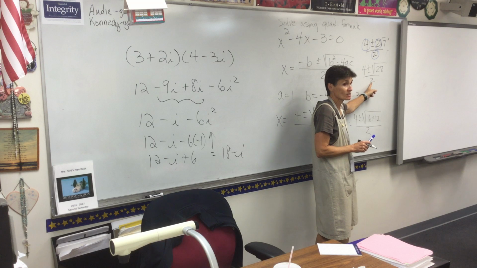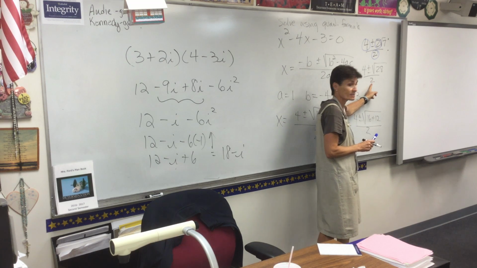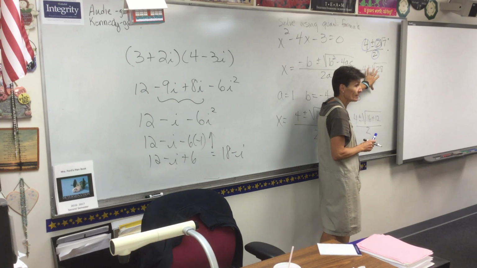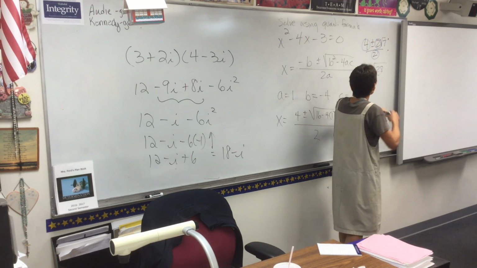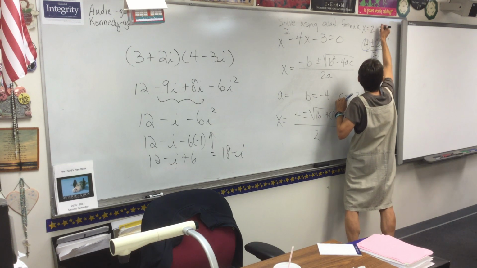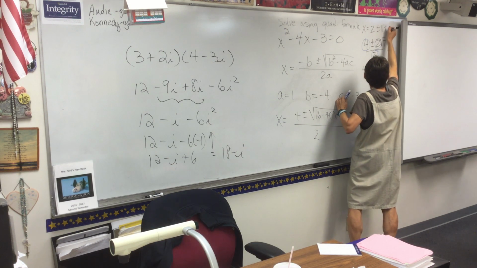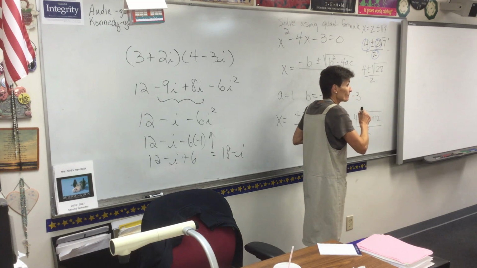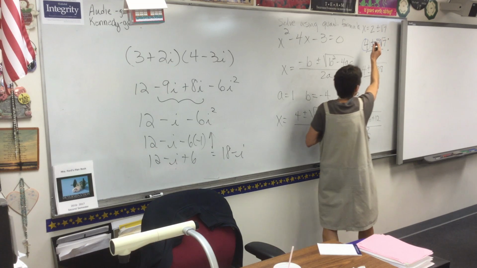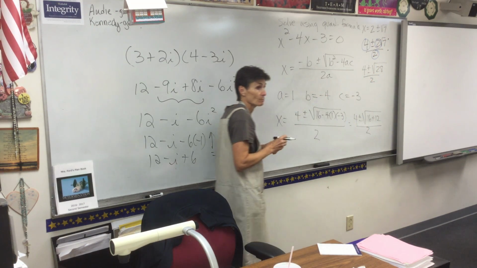If you don't cancel out of all 3 parts, you can't do it. So don't cancel here. You've got to cancel here. So the final answer is 2 plus or minus the square root of 7, because that 2 goes into here and into here. So that's the final answer to the problem.